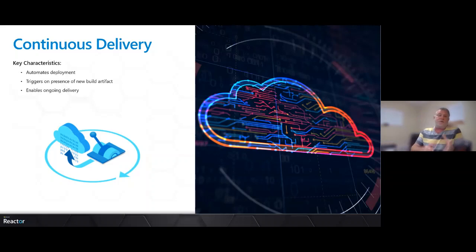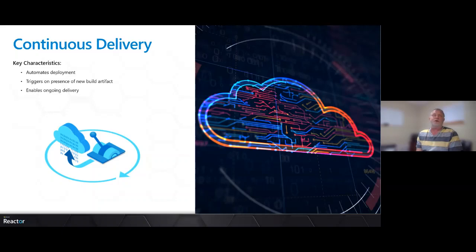Okay, so a follow-up to continuous integration is continuous delivery, right? Key characteristics of continuous delivery is automating deployment, right? Continuous integration was automating build and test. Continuous delivery is about automating deployment. There are triggers, events, right, associated to continuous delivery as well, to know when that automated process should be kicked off.